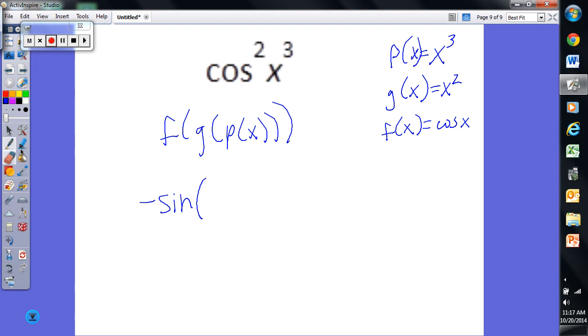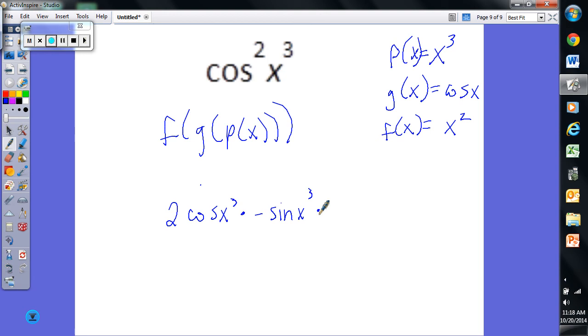Sorry, I just realized I messed that up. What you really did was you put cosine into x squared. So we're going to take the derivative of cosine squared, which is 2 cosine x cubed to the 1, times the derivative of cosine, which is negative sine of x cubed, times 3x squared. I know that seems crazy and really hard.